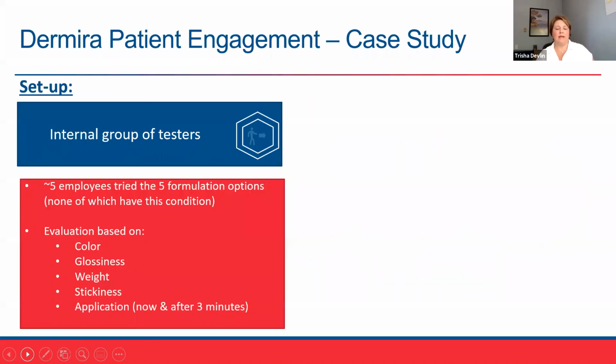Before we actually took this to patients, we had an internal group of employees test five of the formulations that we were going to pursue. We had this gel lotion-like cream that we had bought that was probably the winner that we thought everyone was going to love. Our employees tried it on their hand and thought, this is great.